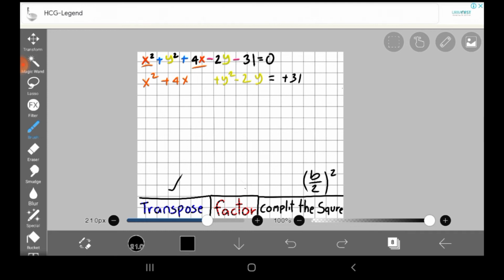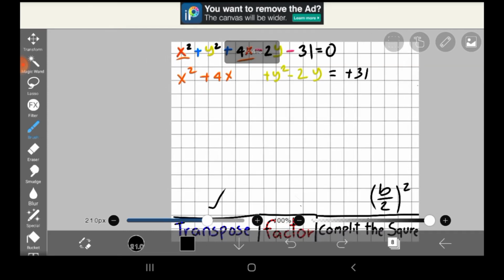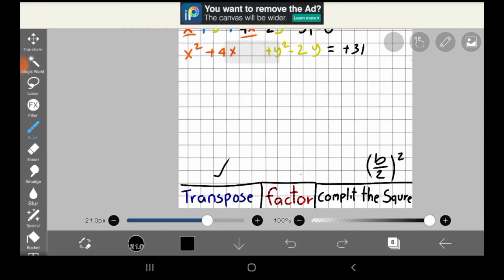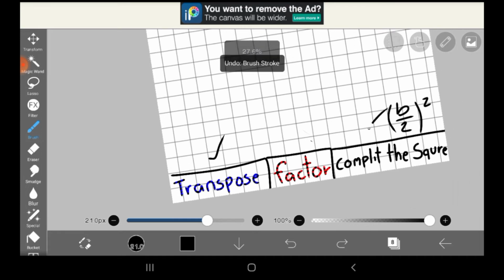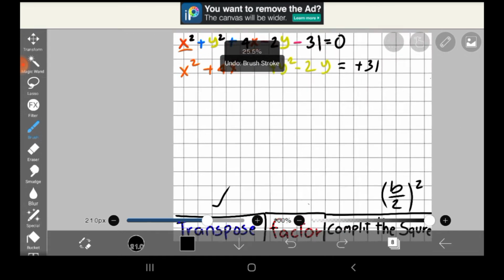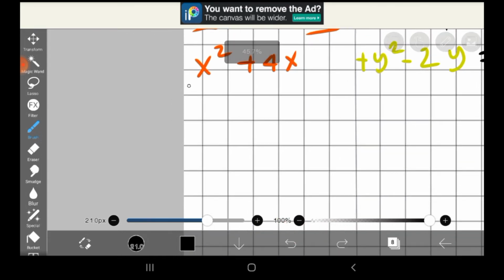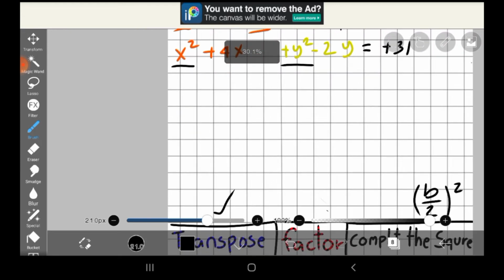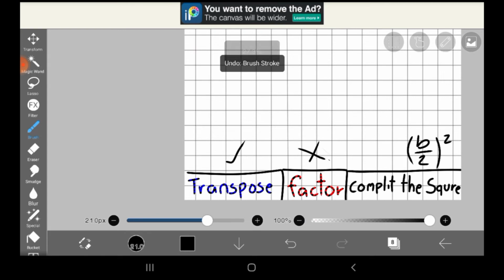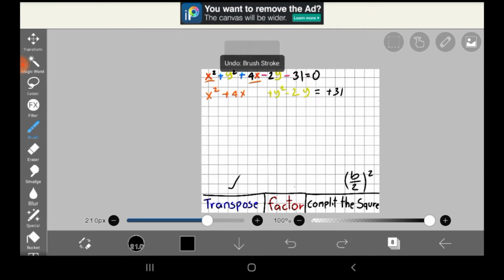After transposing, now we will look at whether we should use factoring or completing the square. Here, let's see, the leading term has 1 on it. The second leading term has a y on it. So we're not actually using the factor because both leading terms have only 1 on them.